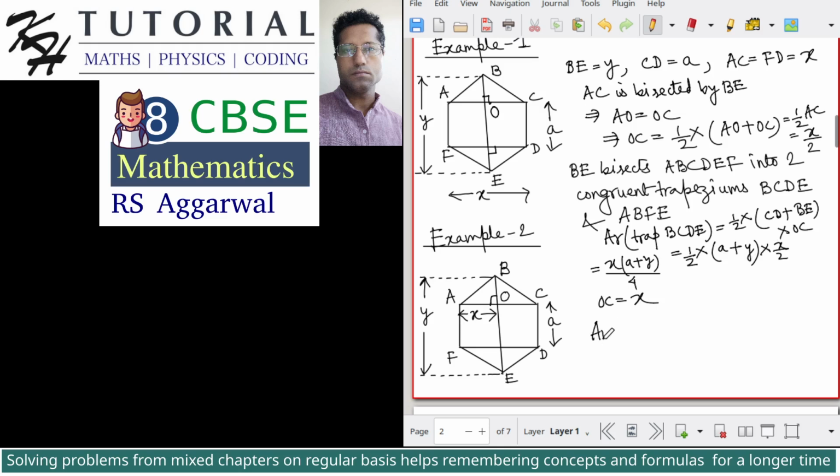So in this case the area of ABCDEF will be equal to 2 times, since there are two trapeziums, the area of each trapezium, which is half multiplied by the sum of the parallel sides, which is a plus y, and multiplied by the height, which is x. OC is the height of each trapezium.